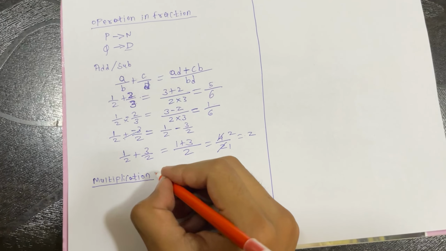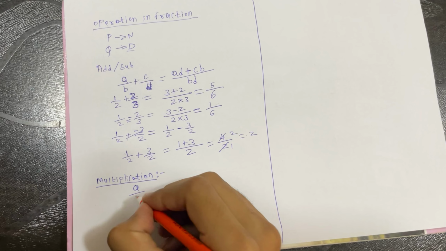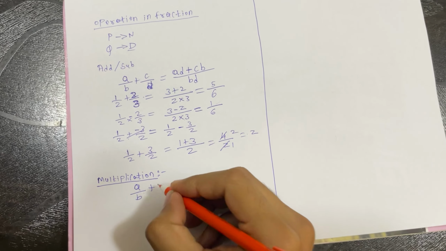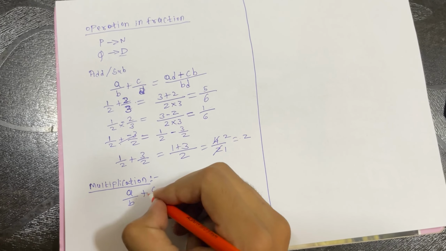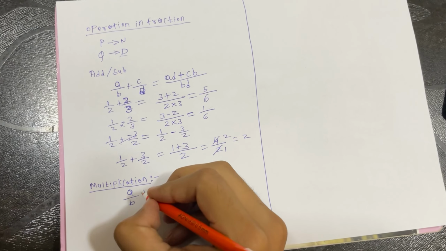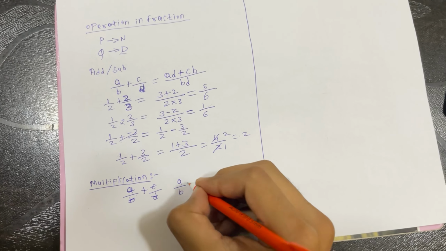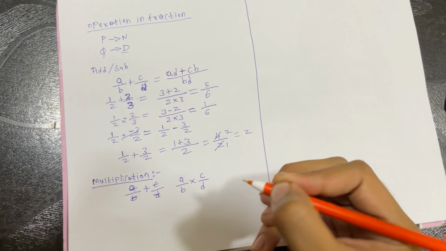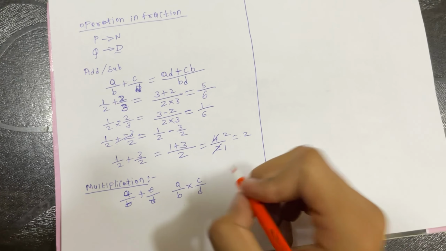So how multiplication is done, we will learn in the a by b times c by d form. Sorry, we have to do multiplication, so I will just cut this and write a by b into c by d. We will learn this in this form, then we will take one example.